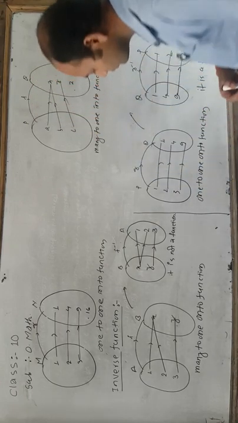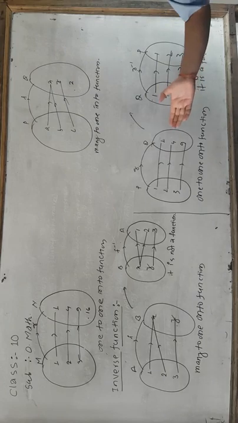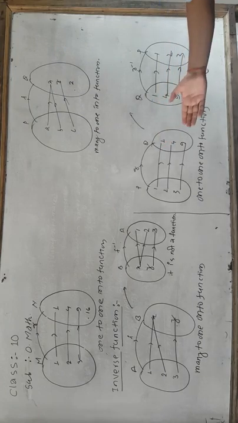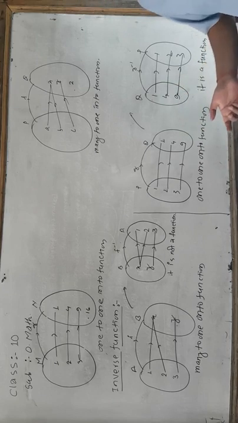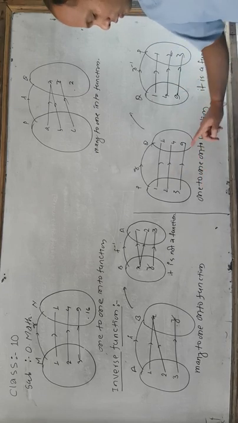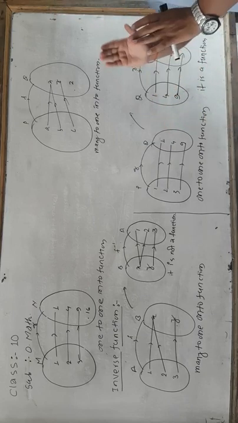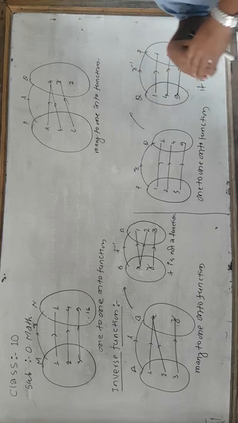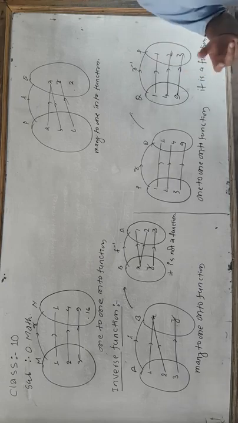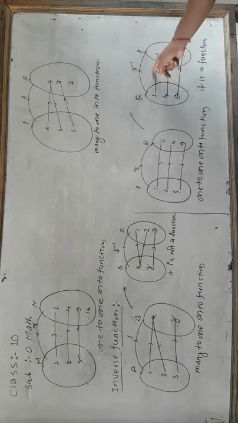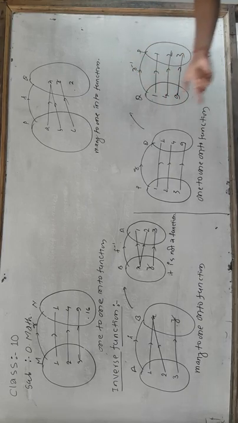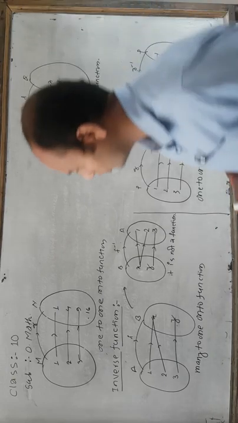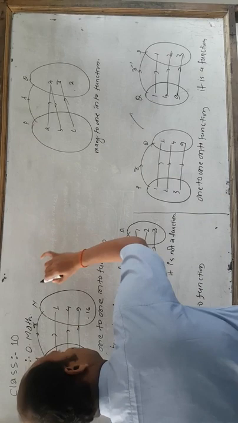Now here we see we can easily find the inverse function of a 1 to 1 onto function, because when we interchange their range and domain and represent it on the mapping diagram, the relation gives a function. So we can find the inverse of a 1 to 1 onto function. Mind it. And again, I am going to find its inverse. Now look at it. Now find its inverse.